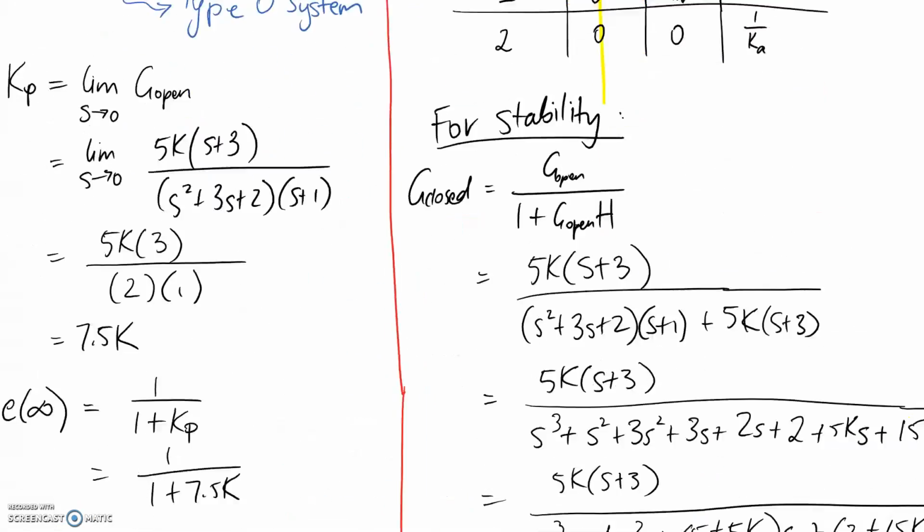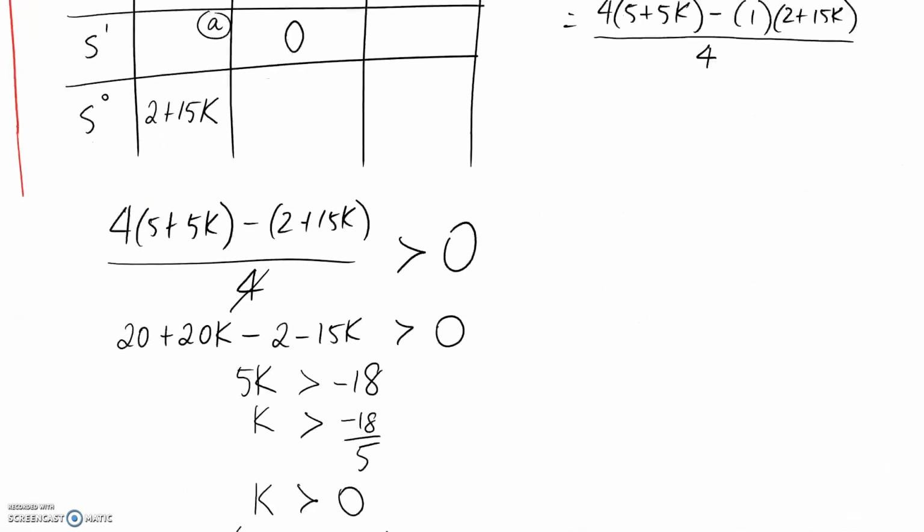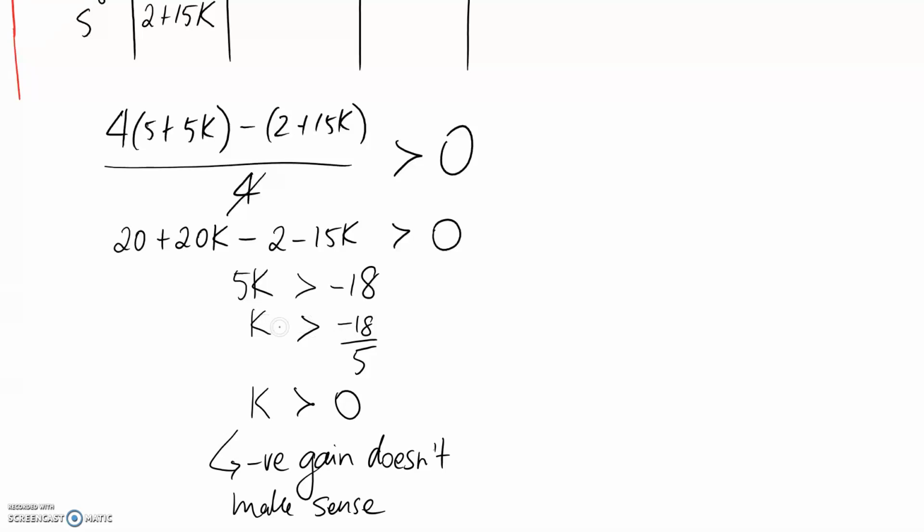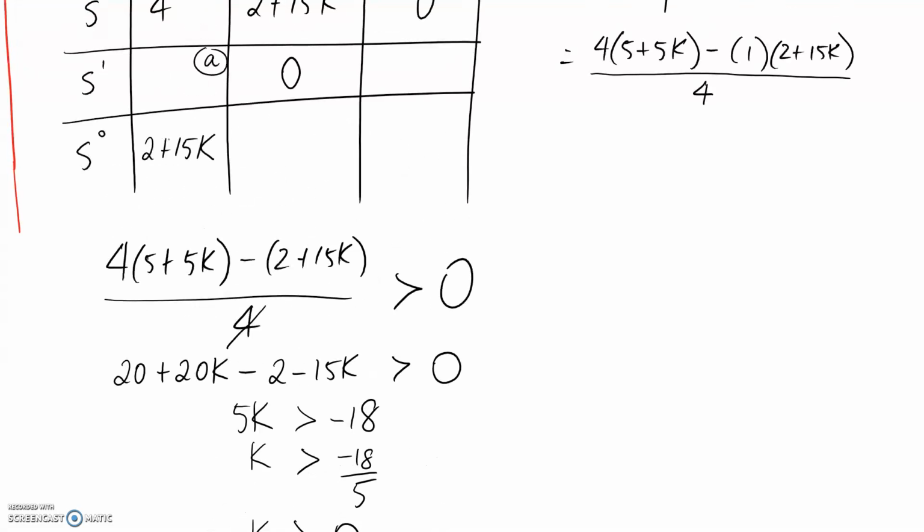So anytime you end up with your stability calculations, k being required to be greater than a negative number, you can just adjust it up to be that k needs to be greater than 0, because that makes far more sense.